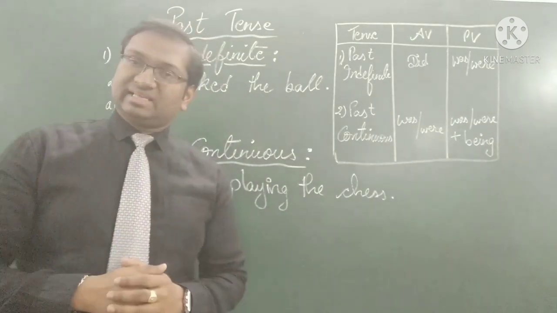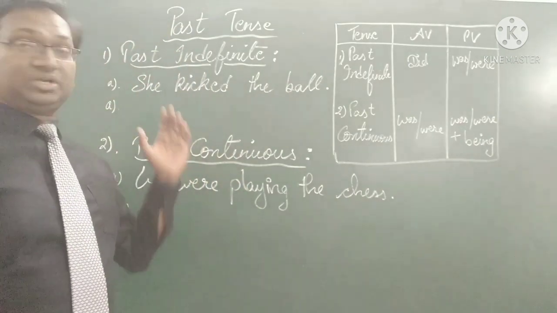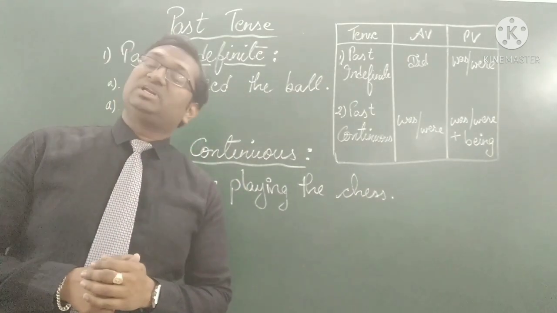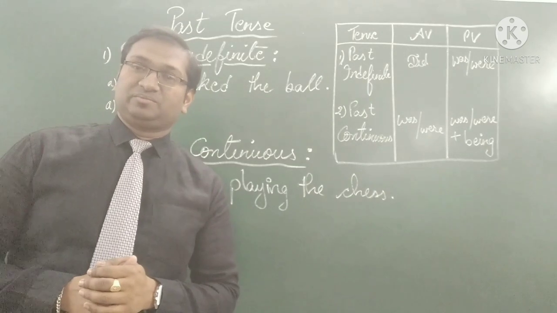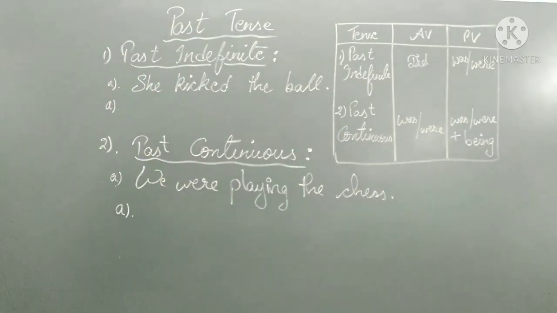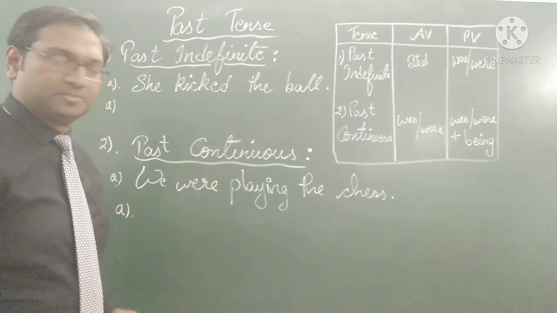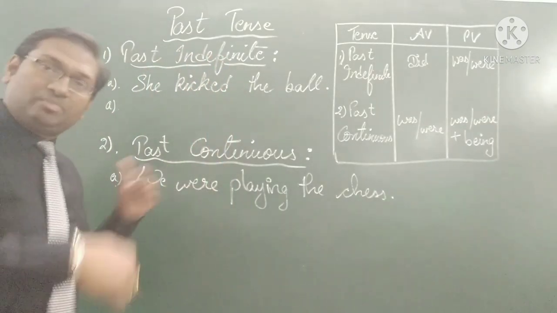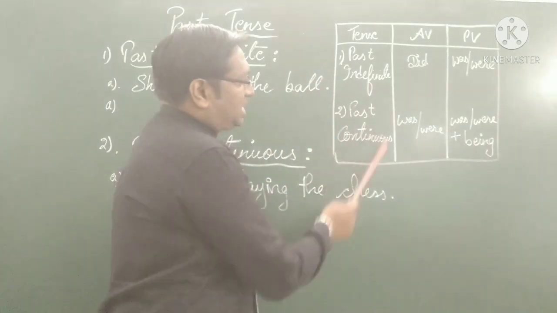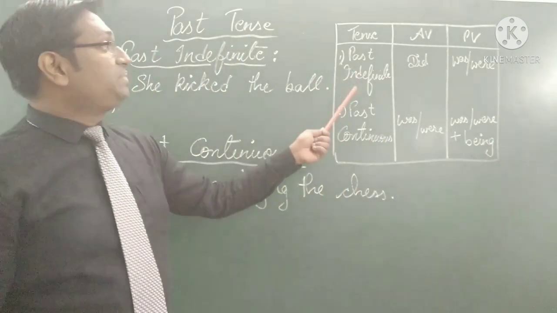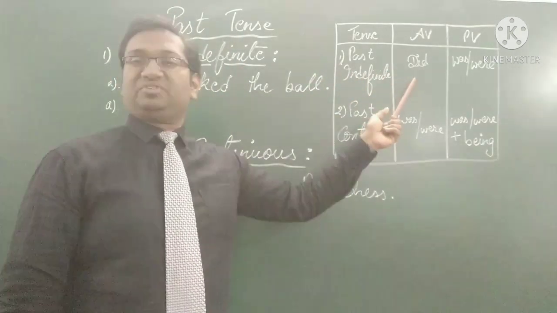Okay, so now let's get started, and today we are going to see past tense as well as future tense. Now see the first one, past indefinite. Before doing this, let's see the chart. In past indefinite active voice we use did.